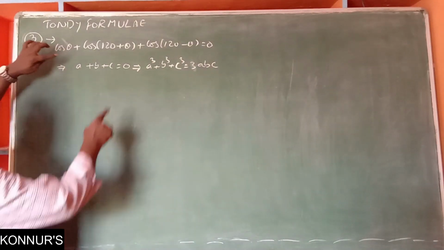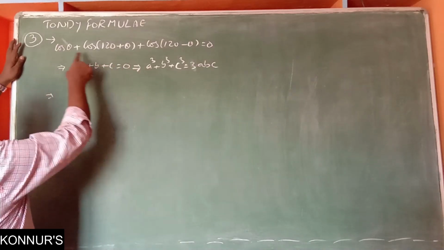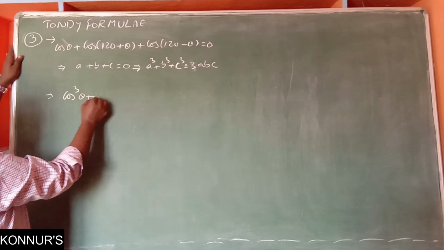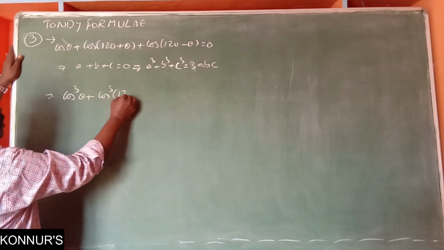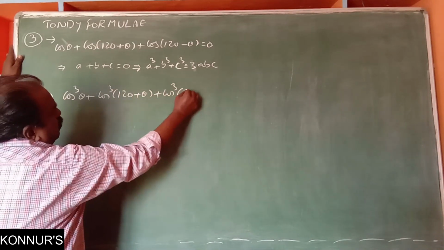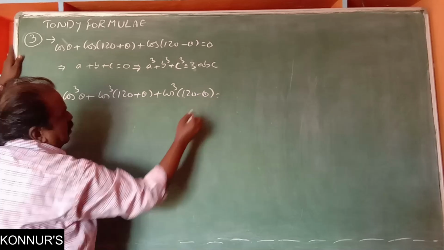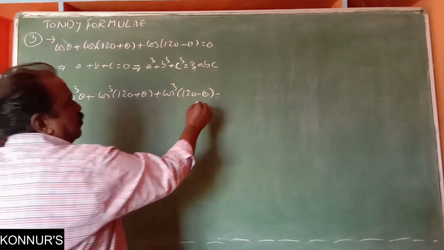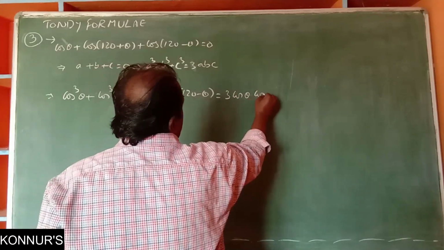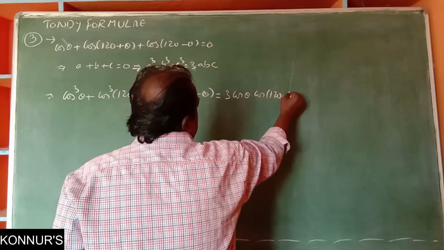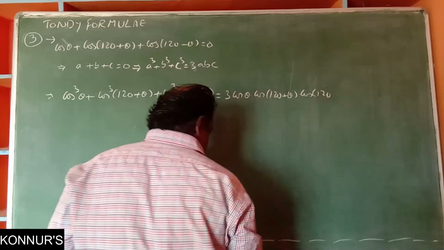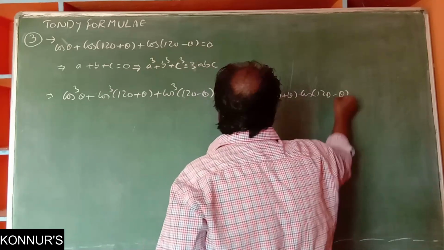So what is A? A means cos theta. A cube means cos cube theta plus cos cube of 120 plus theta plus cos cube of 120 minus theta is equal to 3ABC, that is 3 cos theta, cos of 120 plus theta, cos of 120 minus theta.